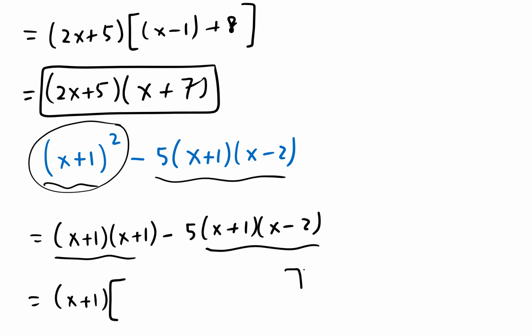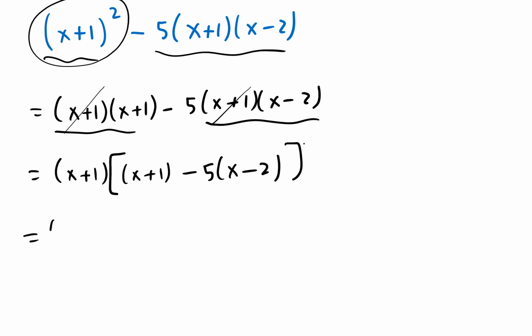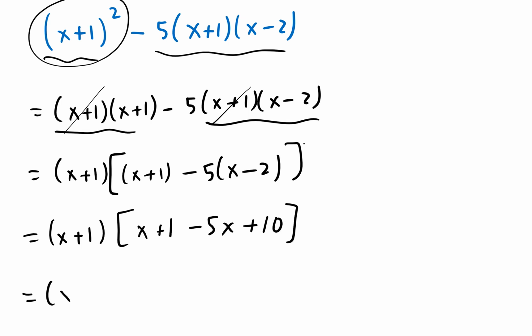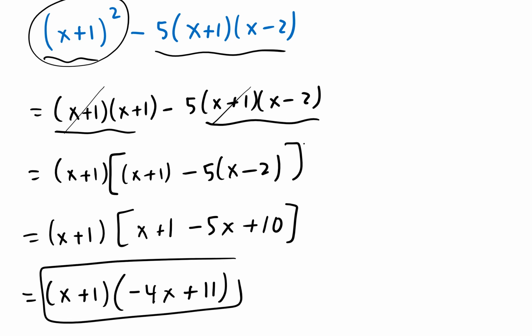So cover x plus 1 out, that's what we took out. And what is left is x plus 1 minus 5 times x minus 2. Then this is x plus 1 minus 5x plus 10, that will leave negative 4x plus 11 if we combine like terms.